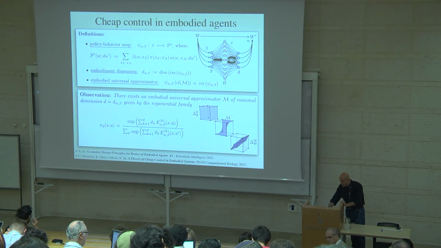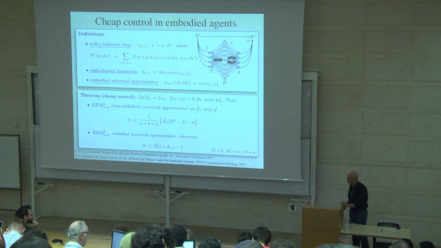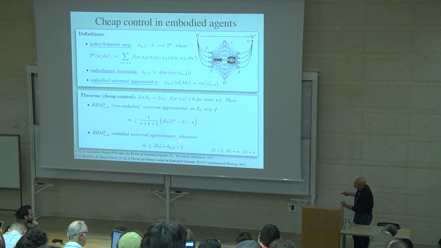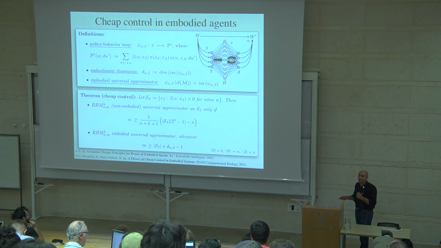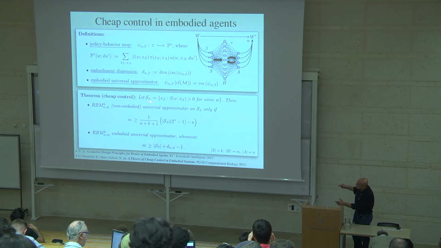Okay, so now this is my result on embodied universal approximation using restricted Boltzmann machines, conditional restricted Boltzmann machines. First of all, let me introduce this quantity here, because it's also assigned to the embodiment of the system.